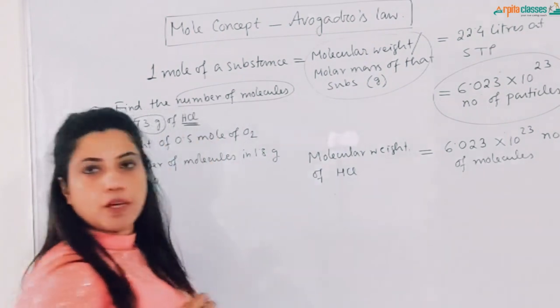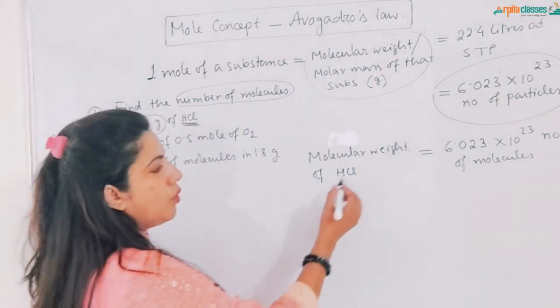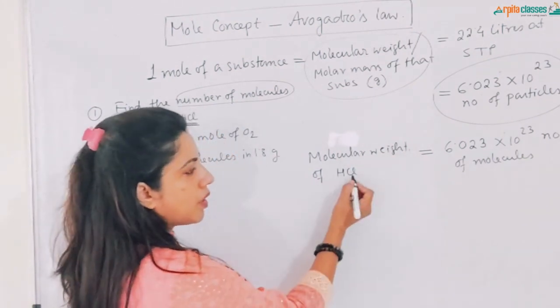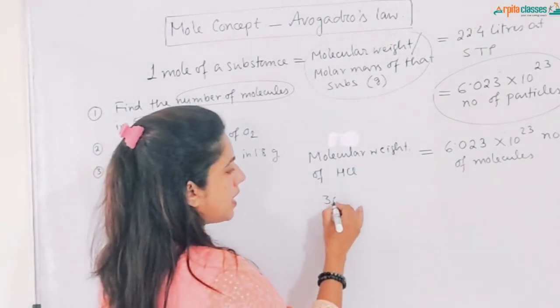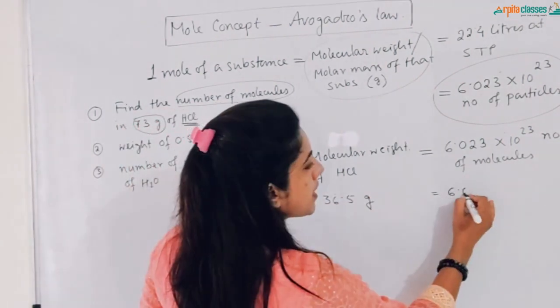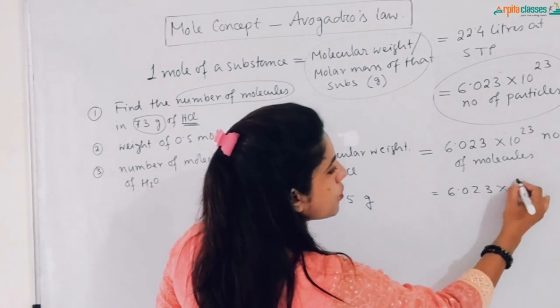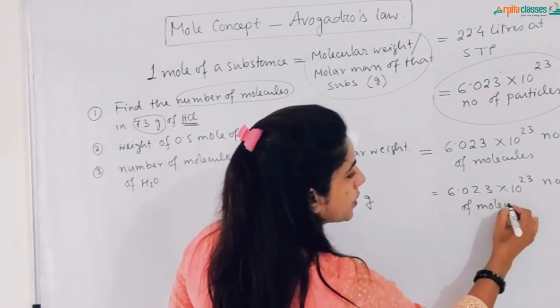Okay, molecular weight is equal to Avogadro's number of molecules. Now, what is the molecular weight of HCl? Chlorine is 35.5 and hydrogen is 1. So, it is 36.5 gram is equal to 6.023 into 10 raised to power 23 number of molecules, right?